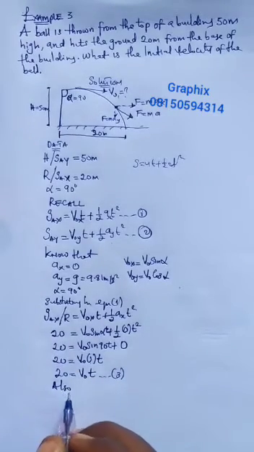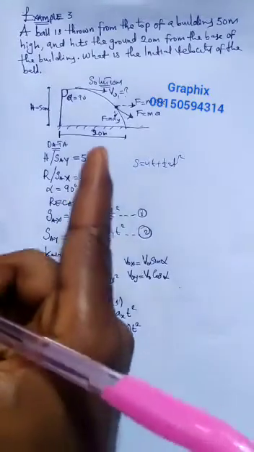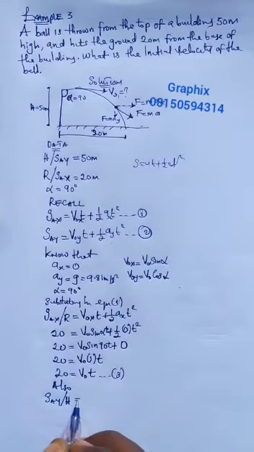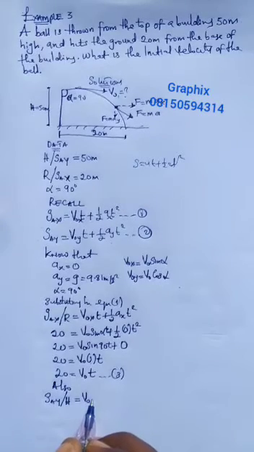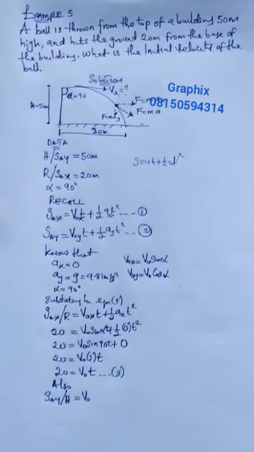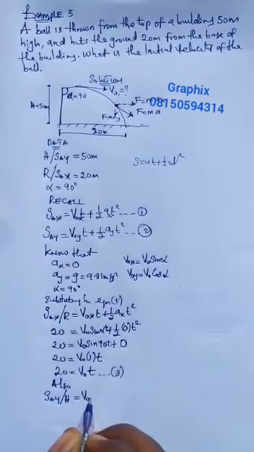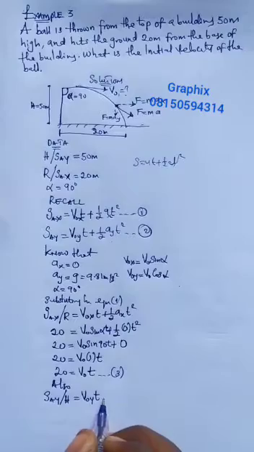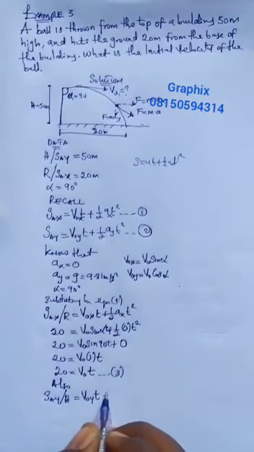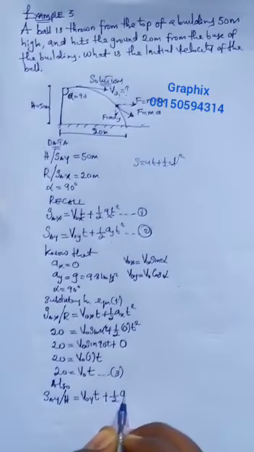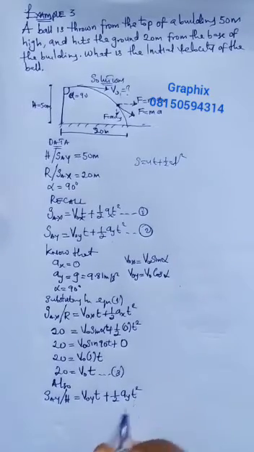So if we proceed, also my SAY, which is the height, is equal to V naught Y T plus half AY T square.